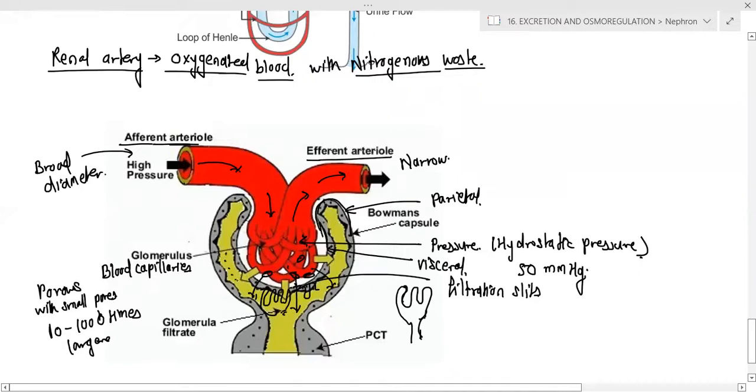In this space. What is this space called? It has some name. Capsular space. This space is called the capsular space. So everything will come into the capsular space.